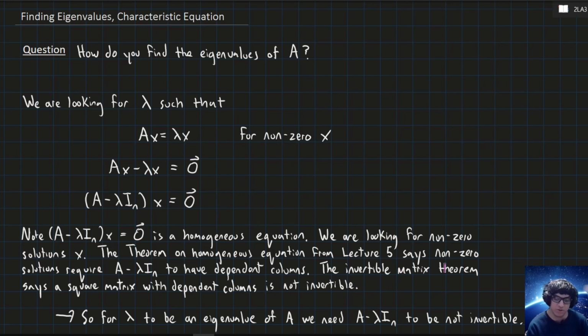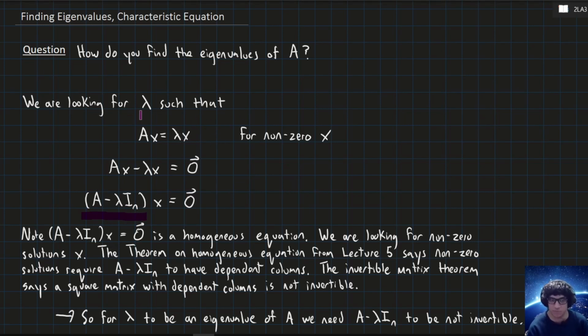Now, by the invertible matrix theorem, if you have dependent columns, then you're not invertible. So the condition that lambda is an eigenvalue and x is its non-zero eigenvector requires that this matrix here be not invertible. Usually we're looking for invertible matrices. Usually that's a good property. In this case, we want this to be not invertible.